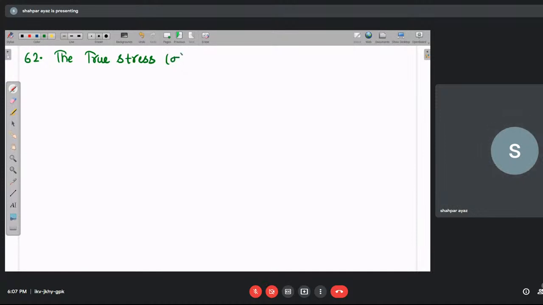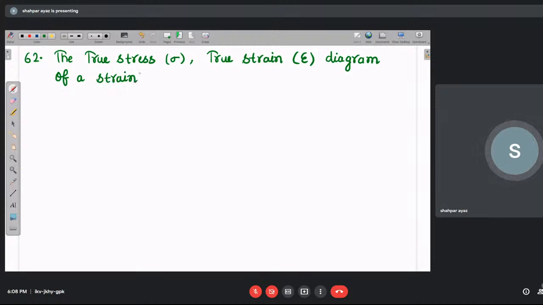The true stress sigma versus true strain epsilon diagram of a strain hardening material is shown in the figure.